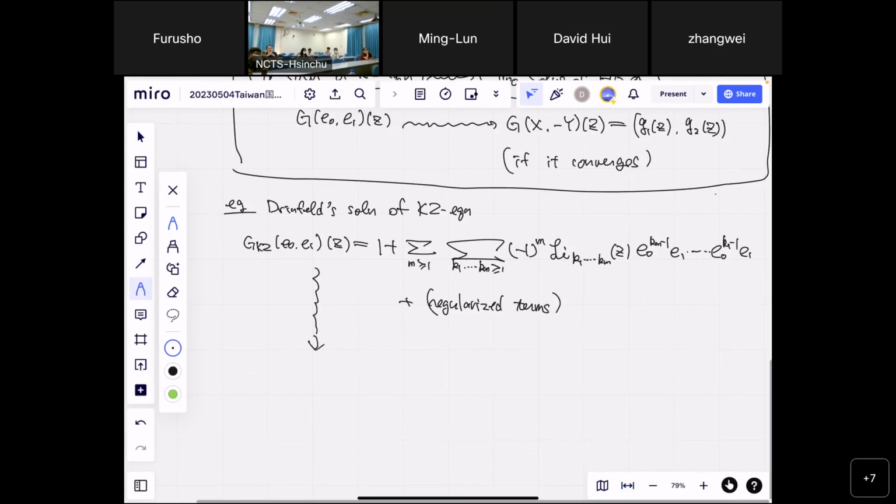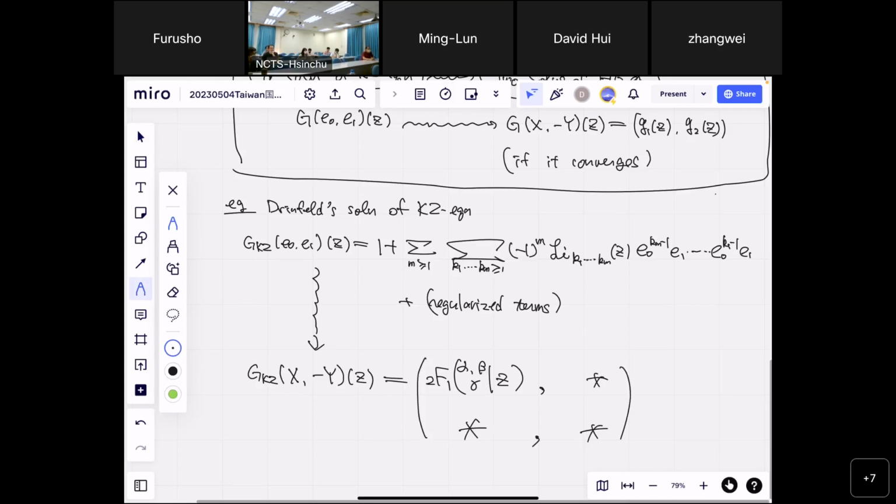So let's consider the evaluation. Here I say E0 goes to X and E1 goes to -1. Then this will give two solutions of hypergeometric equations. What's interesting is that they are hypergeometric functions.